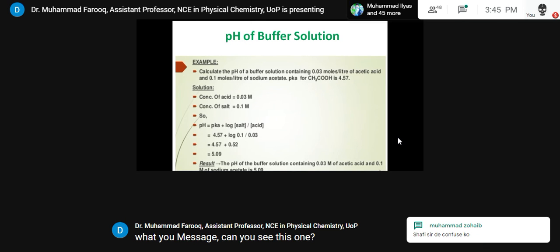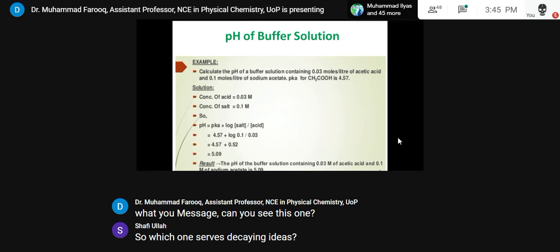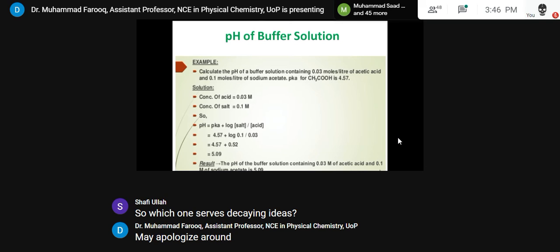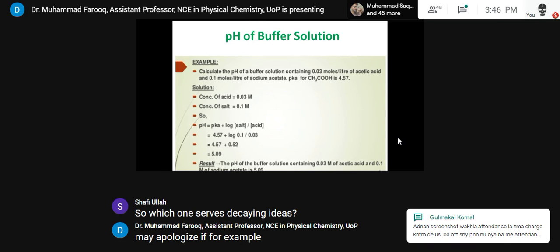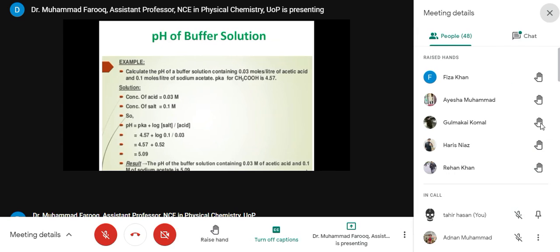Can you see this one? Sir, which one? It is not visible to you? Just a minute. For example, now you can write 0 is equal to log of salt divided by acid. That clear?